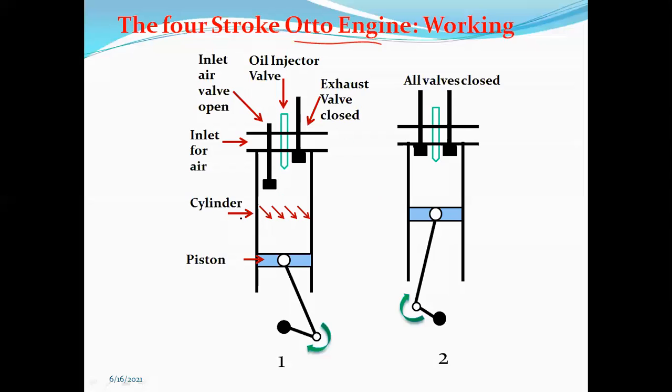So this diagram consists of cylinder, piston, crankshaft, as indicated in figure 1, then inlet valve for air and petrol mixture, then again inlet for air, it is open, so valve open is written over here.